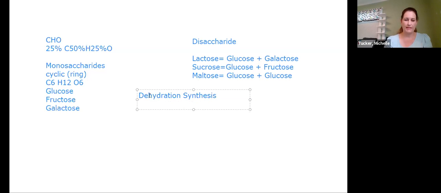So that is a monosaccharide plus a monosaccharide, and you would get a disaccharide, and you would produce a water molecule.